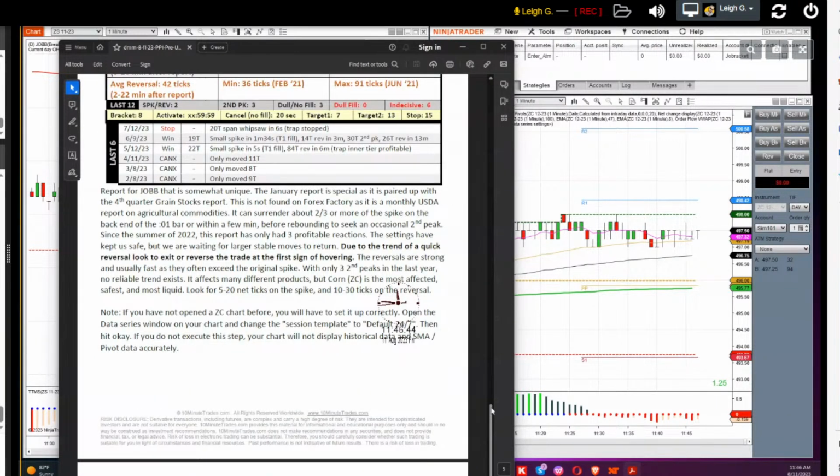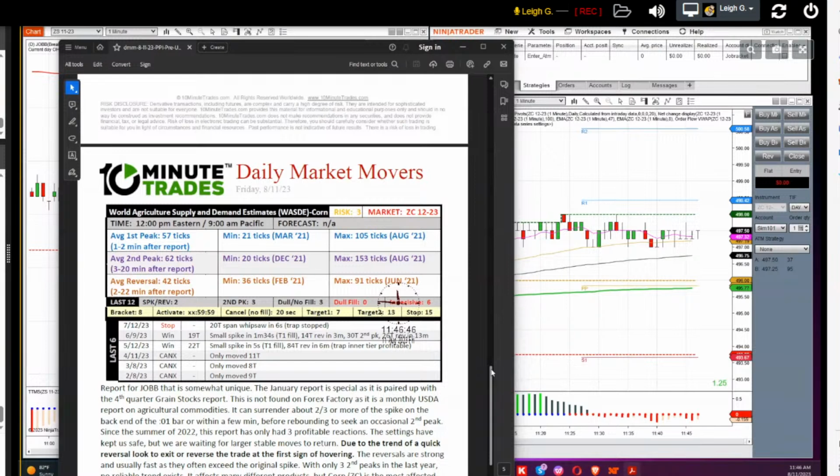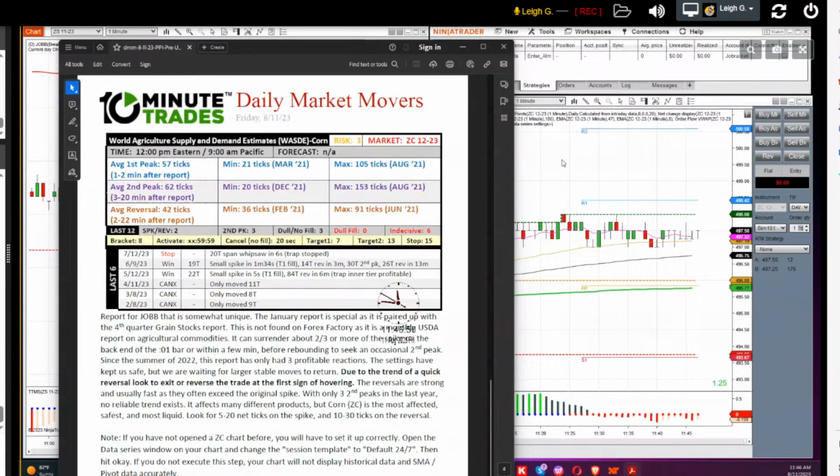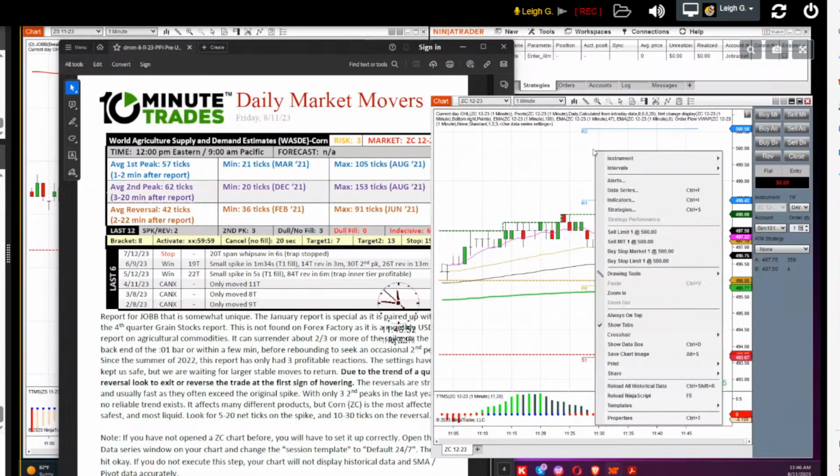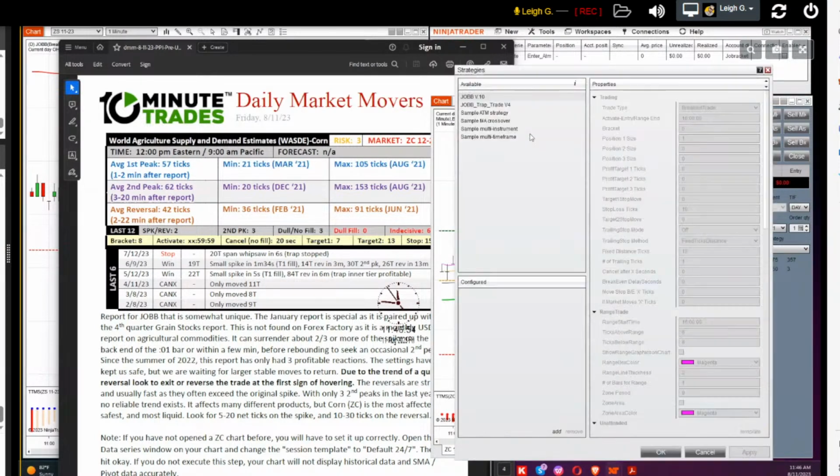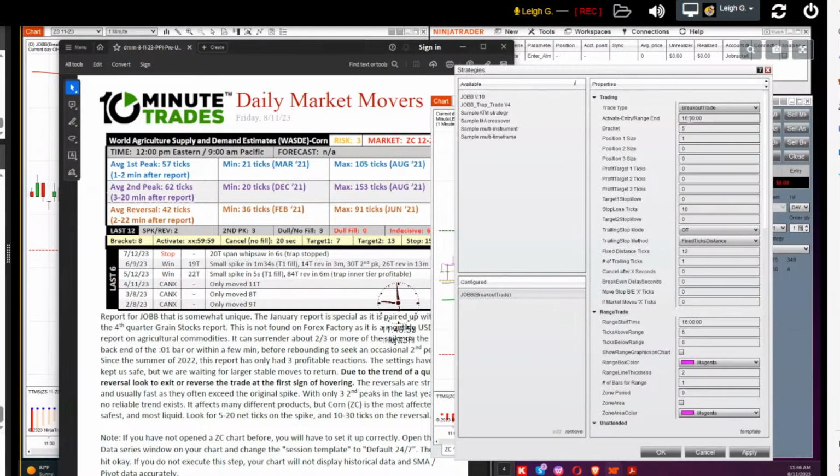All right, so what I'm going to do is just set up a corn breakout. Now, corn's been moving pretty small. So it's going to be 11:59:59 on the activation.